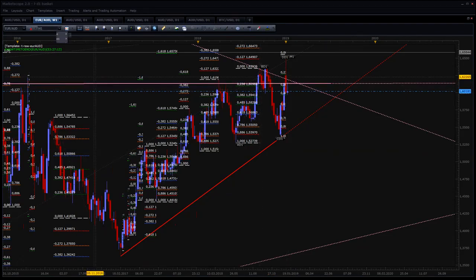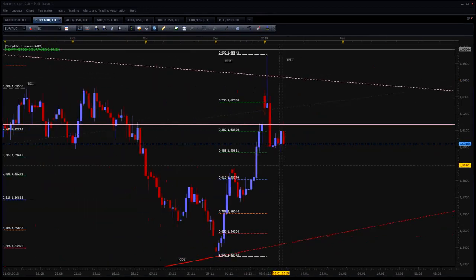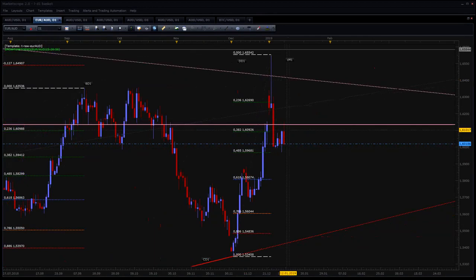So let's see if the market did form any. Yeah, it did. So we have on daily, we have now bearish engulfing, almost not finished yet. Still 5 hours to go. We couldn't be trading anything on a daily base yet because the candle's not finished yet, so we don't know how it's gonna finish.